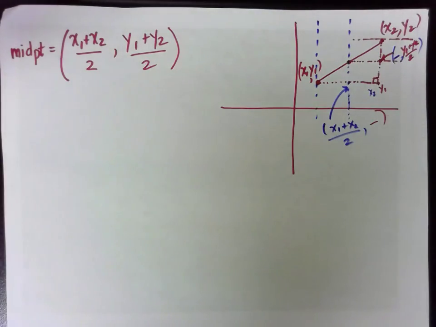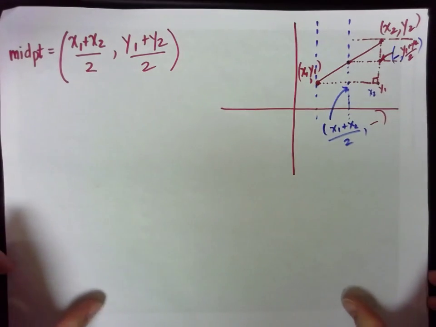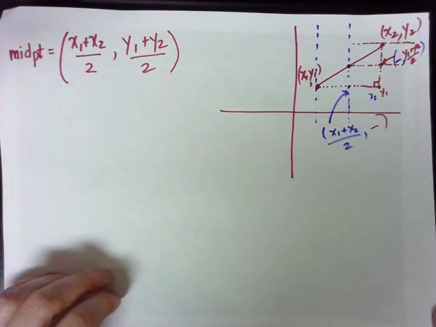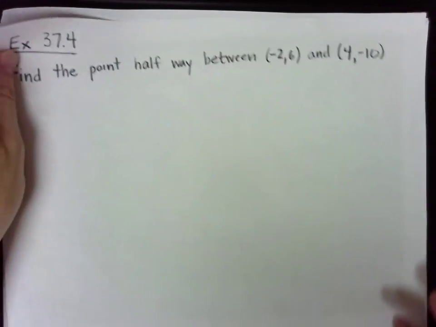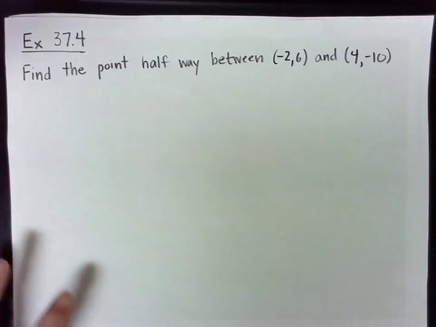It's not a rigorous proof, but hopefully it's an argument that convinces you that the midpoint formula actually works, and that there's a logical reason for it. Okay, so we'll finish up by doing a simple midpoint formula calculation.